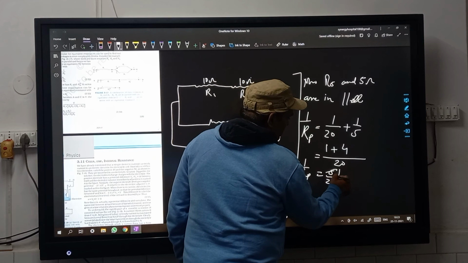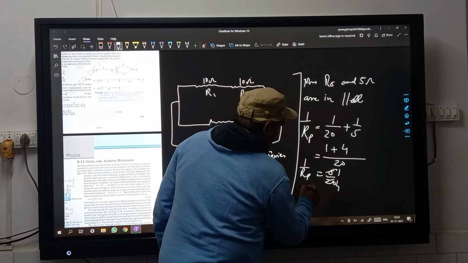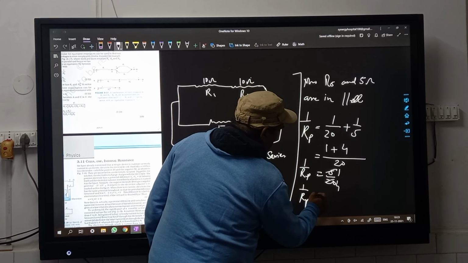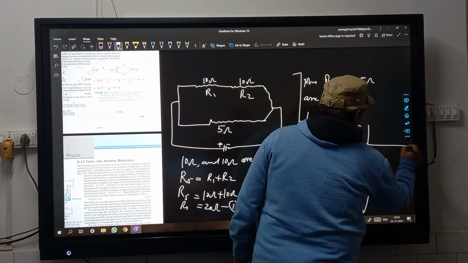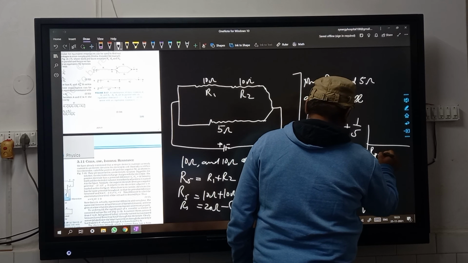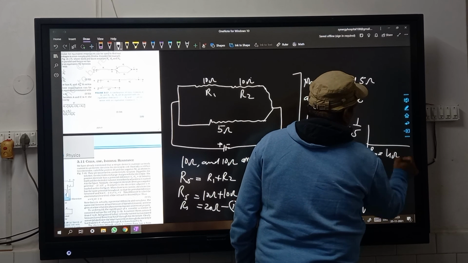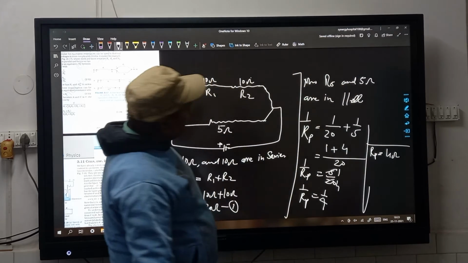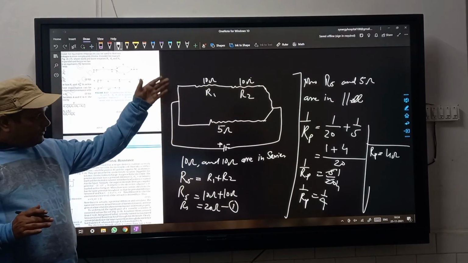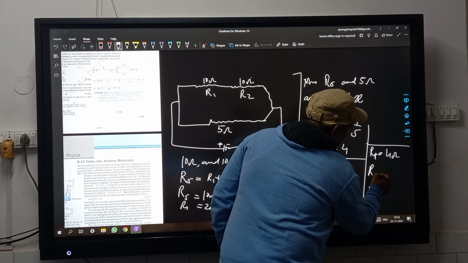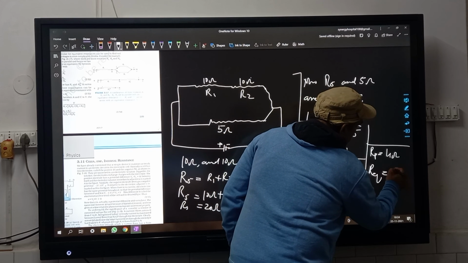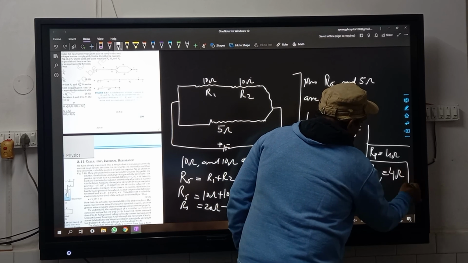So 1 upon Rp is equal to 1 upon 4, and finally Rp equal to 4 ohm. Hence the equivalent resistance of this entire circuit becomes Req equal to 4 ohm.